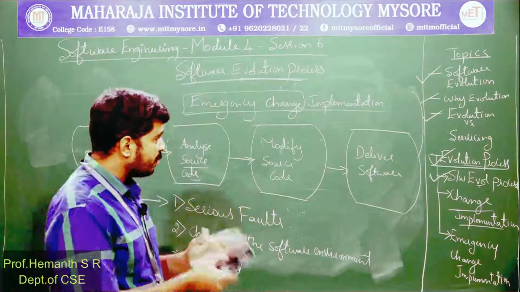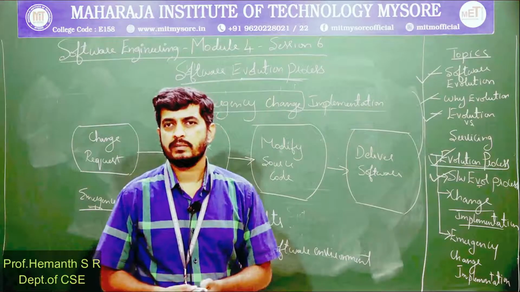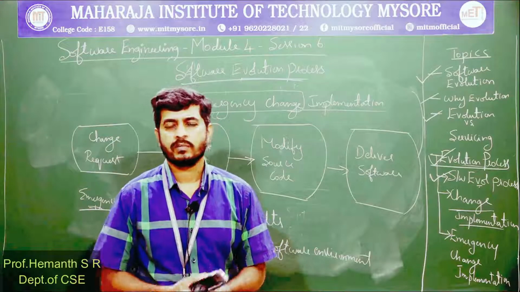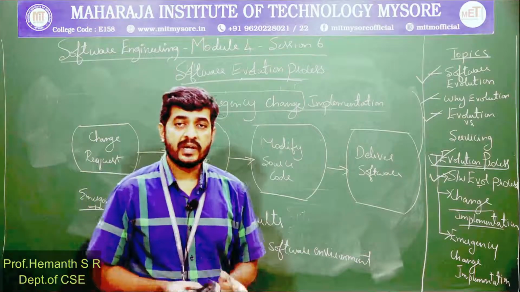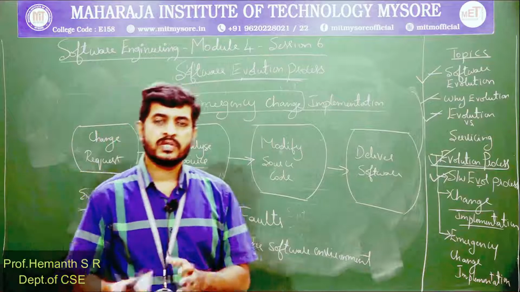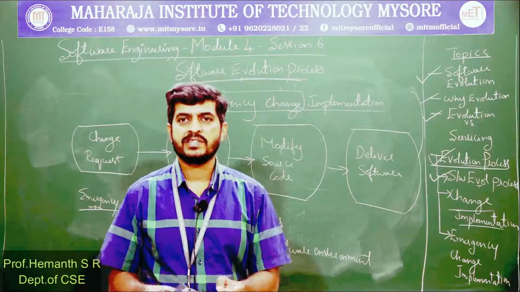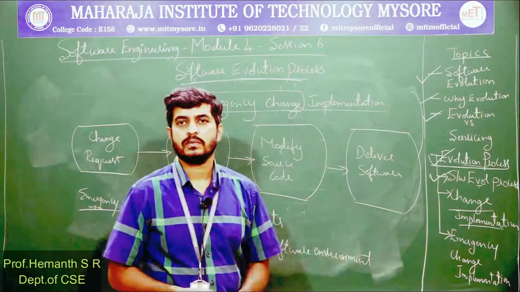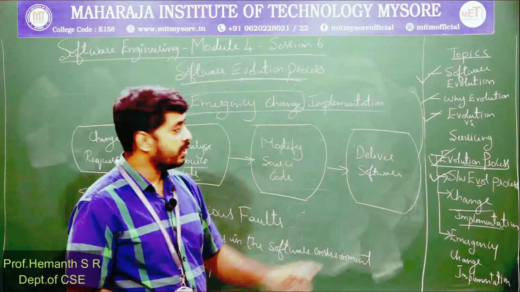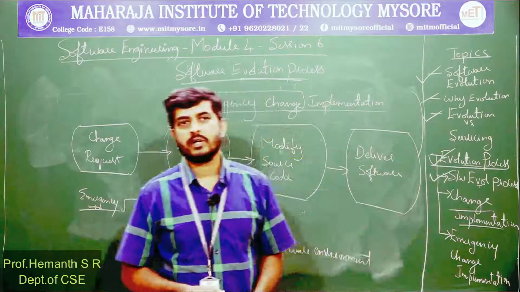You will reach a point where further changes cannot be accommodated, or it is not advisable. In that case, we enter into servicing, where the client will continue using the software, but not with major changes, only minor changes, which we call software servicing.